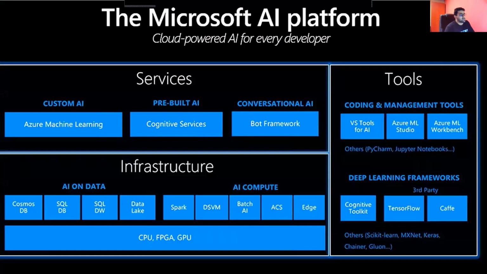Cognitive services come under the Microsoft AI platform provided in the cloud. There are three services mainly: custom AI, pre-built AI, and conversational AI. Under custom AI, you have Azure Machine Learning, and in pre-built AI, you have cognitive services.